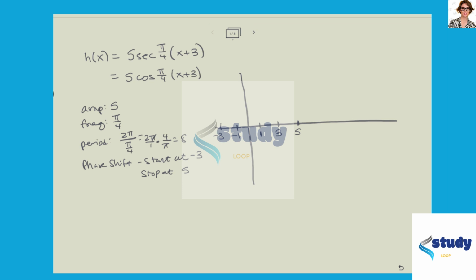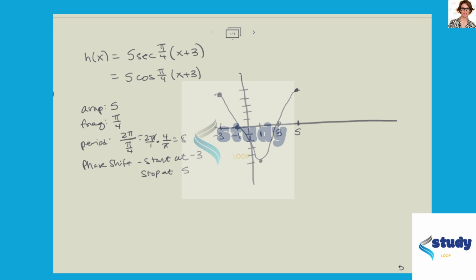Okay, so this is an amplitude of 5. I'm going to go down to -5. It's a cosine curve. It's going to start at its highest point. Okay, and that's what this one period is going to look like.